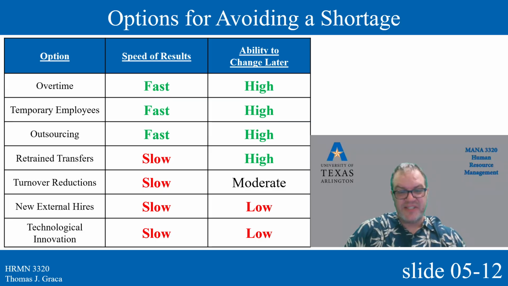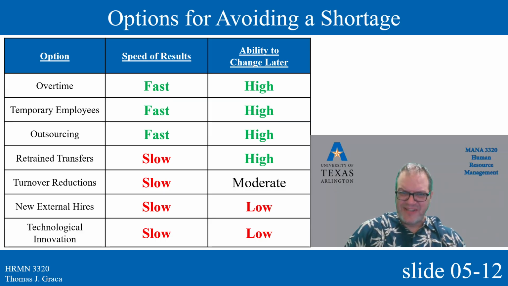Right? Speed of results, well, in general, slow. However, if you have a particular employee or a couple particular employees who come to you and say, hey, the place down the road has offered me more money, I'm going to work for them, and you on the spot offer them some sort of retention incentive, and they decide not to leave, well, gosh, then your speed of results was fast, right?